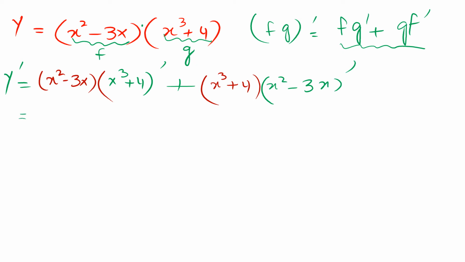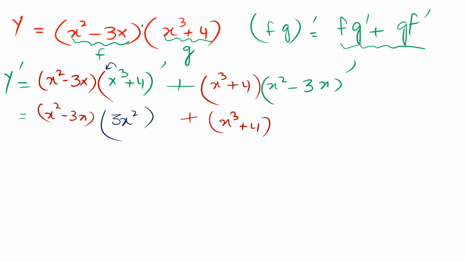Now look at this, where you don't have the prime, you just write them as it is. Now wherever you have a prime, you have to take the derivatives. So x cube, the derivative is 3x squared. The derivative of 4 is 0, so no need to write. The derivative of x squared is 2x and the derivative of 3x is 3.